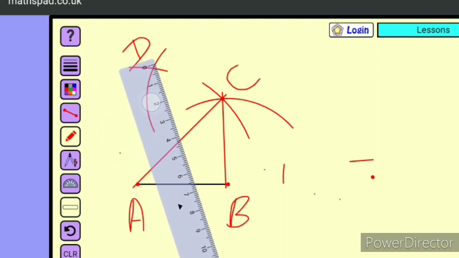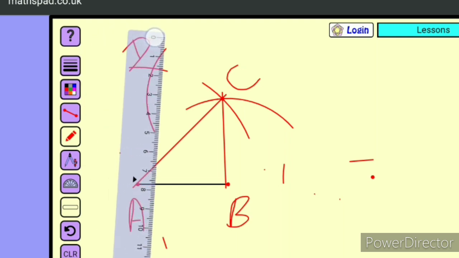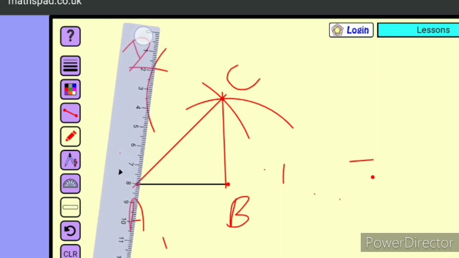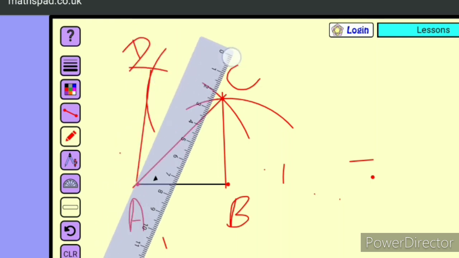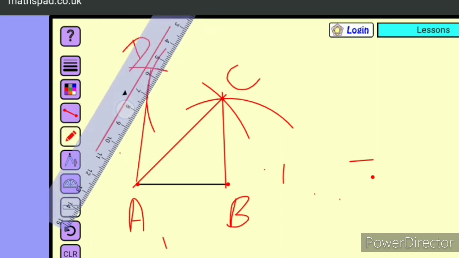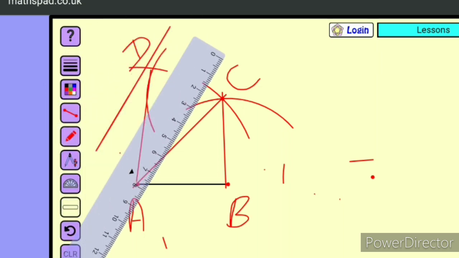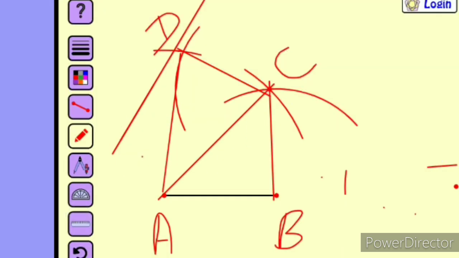Using the scale, join AD and CD. This is our required quadrilateral ABCD.